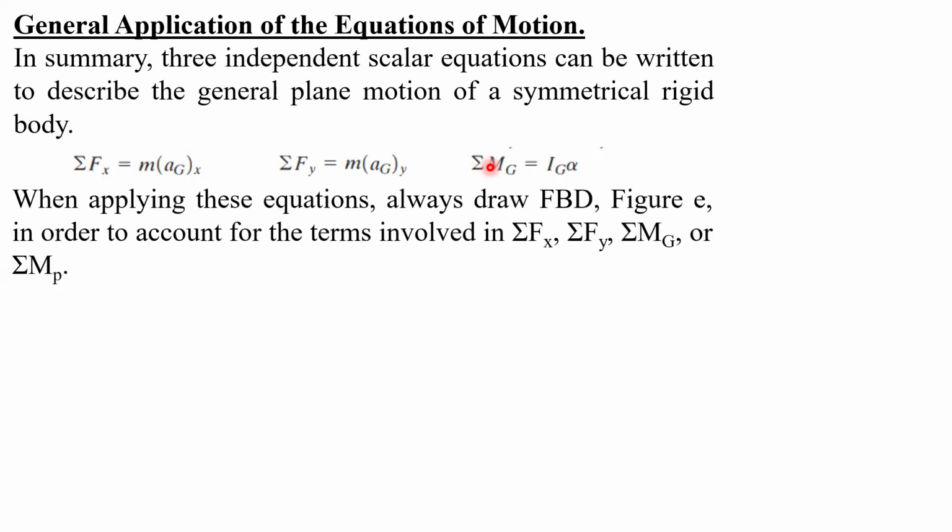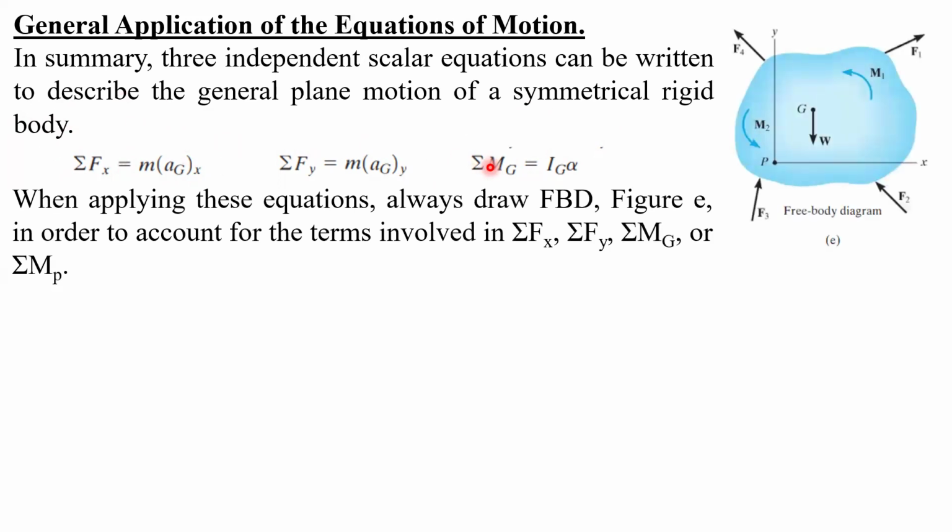When applying these equations, always draw the free body diagram as shown in Figure E in order to account for the terms involved in the summation Fx, summation Fy, and then summation MG or summation MP, that is, the summation of all the moments about P.